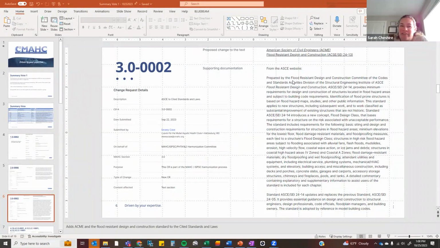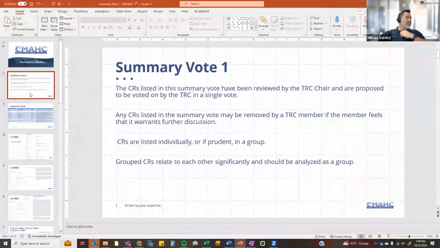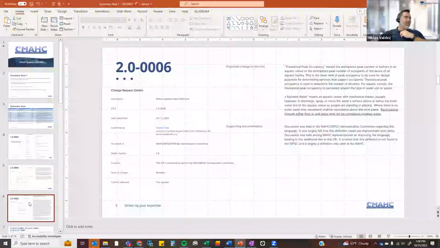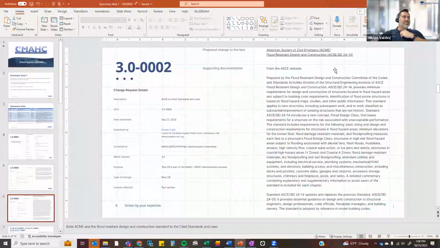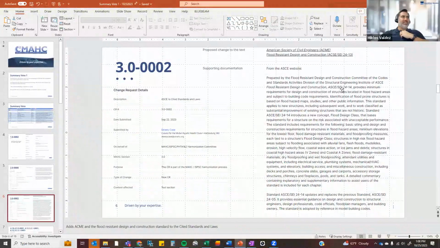When we are referencing this, ASCE, the parentheses behind that says ACME. Is that a different reference in the proposed change to text? Good catch. It's ASCE here, so I want to say that is probably just a typo. Right there at the very top. Yeah, I'm guessing it should be ASCE instead of ACME.